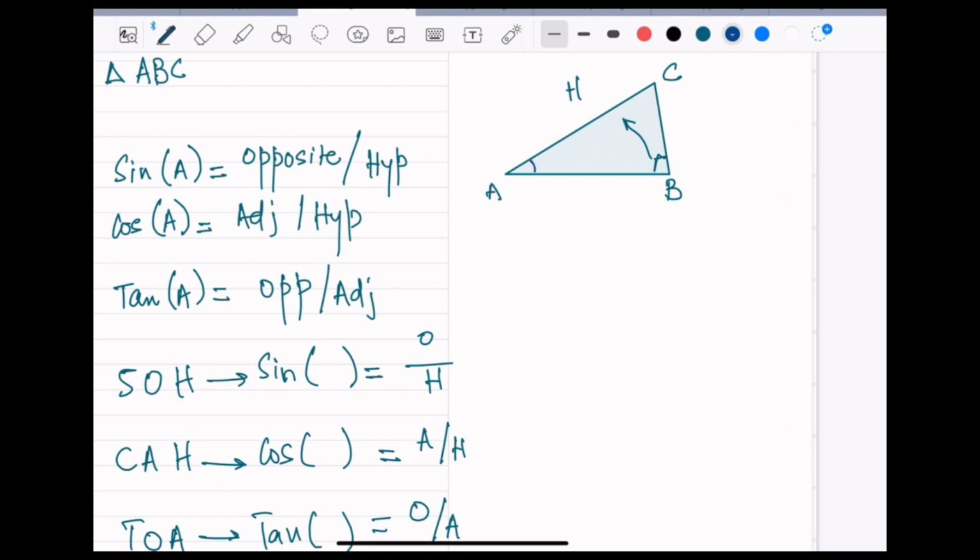So let's see, in this triangle, according to A, if I say this is small a, and let's call this small c. So when I say what is sine of A, then according to the angle A, the opposite side is small a over the hypotenuse, which stays universal, which is h.